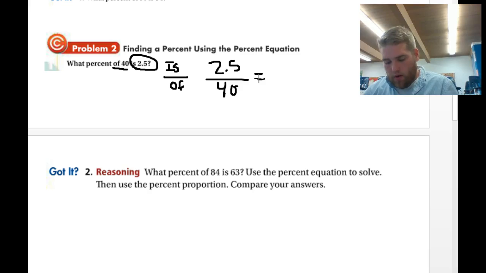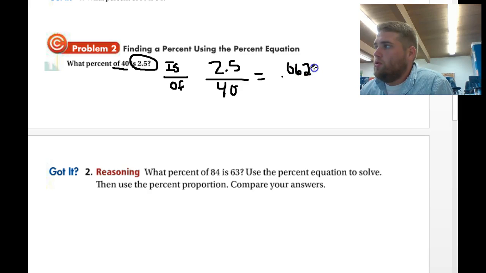We plug that into our calculator. 2.5 divided by 40 equals 0.0625. Now remember, when turning a decimal into a percentage, we go 2 places to the right. So 1, 2. So our new percentage is 6.25%.